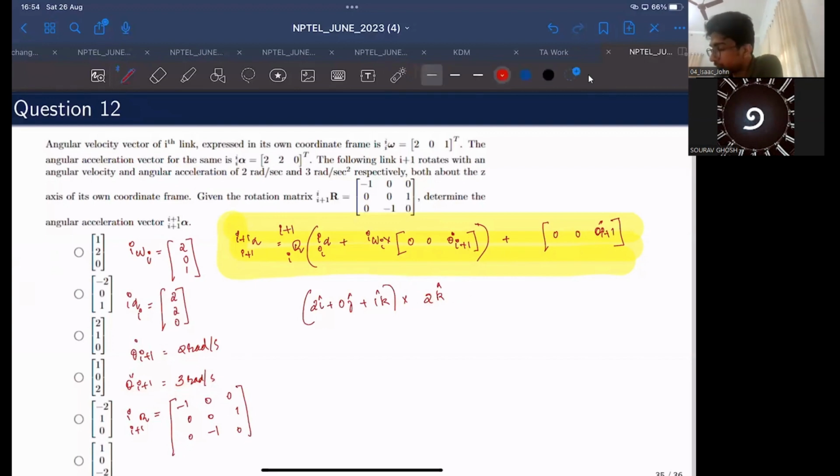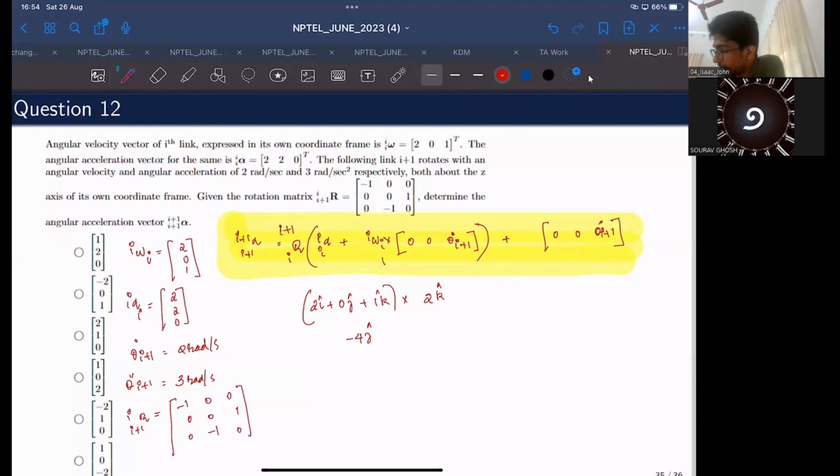So this is nothing but 2k. Evaluating this cross product, what do we get? i cross k would be minus j, that would be minus 4j. 0 multiplied by 2 is 0. k cross k is 0. So this term is 4k, I suppose. Yeah.